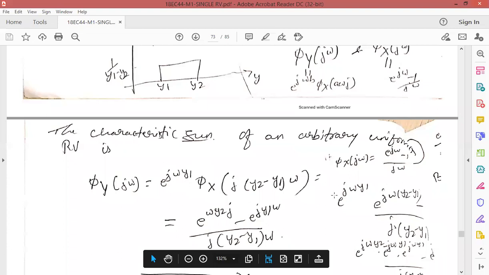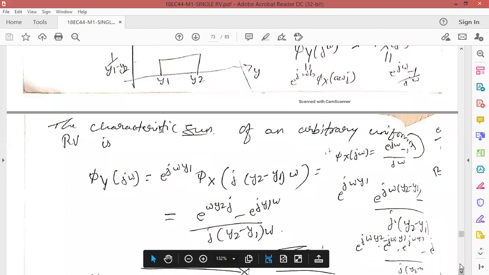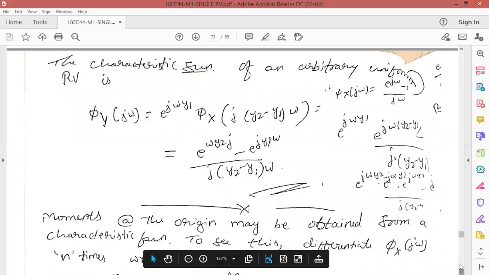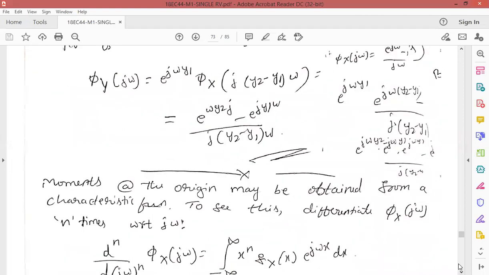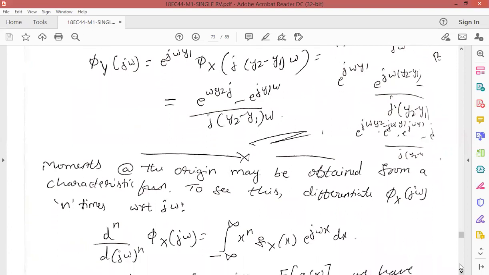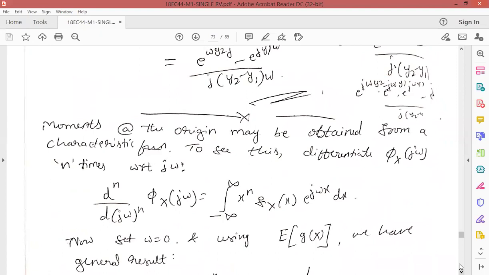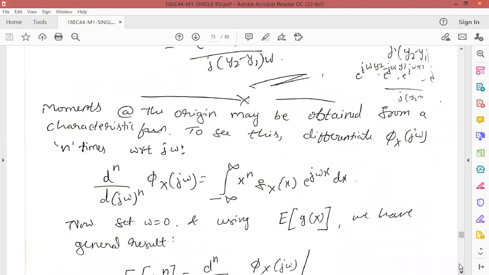And next, using the characteristic function, we are also able to calculate the moments about the origin. That can be obtained by differentiating the characteristic function n times, which results in the various moments about the origin.